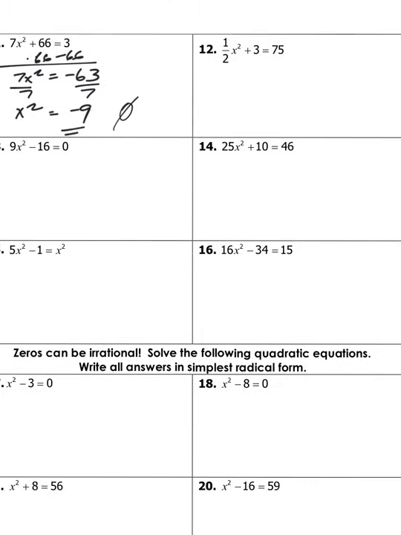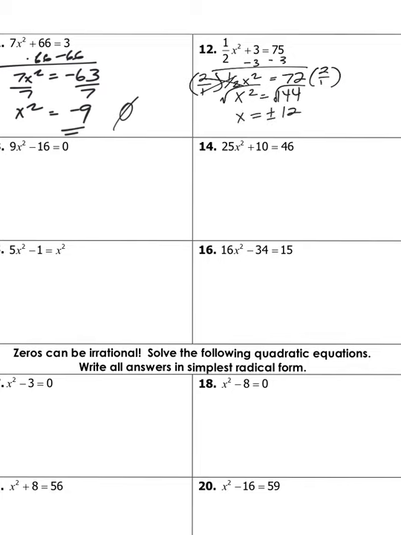Number 12, subtract 3. Multiply by the reciprocal of 1/2. And the square root of 144 is plus or minus 12. 13.